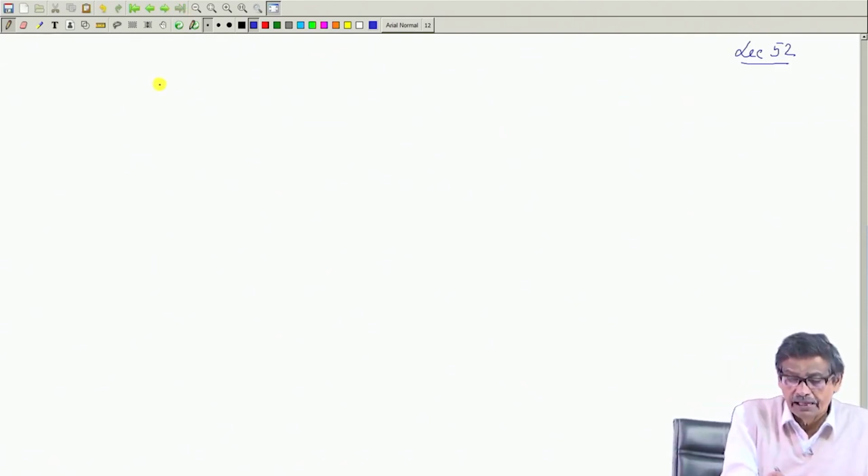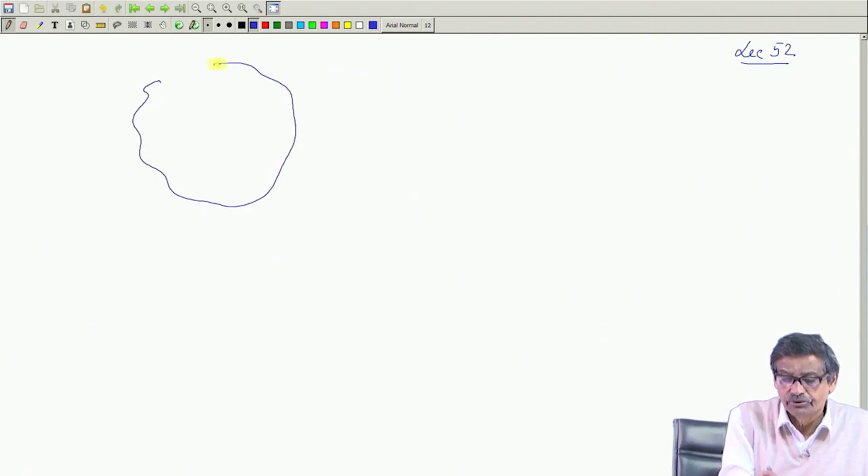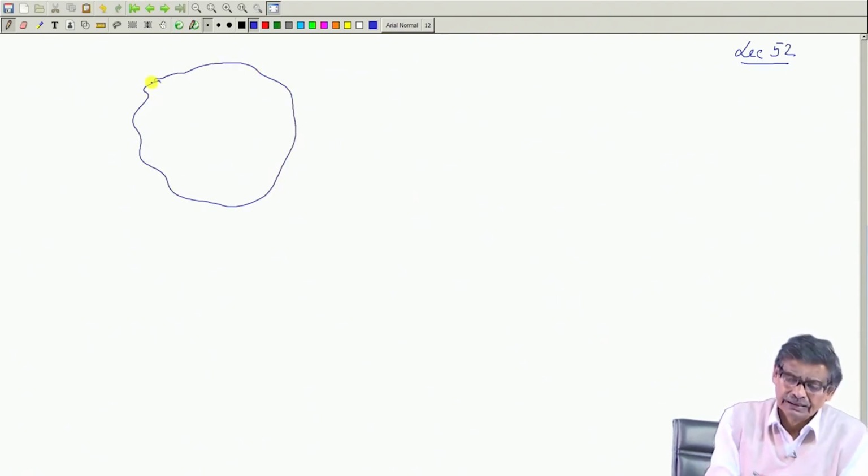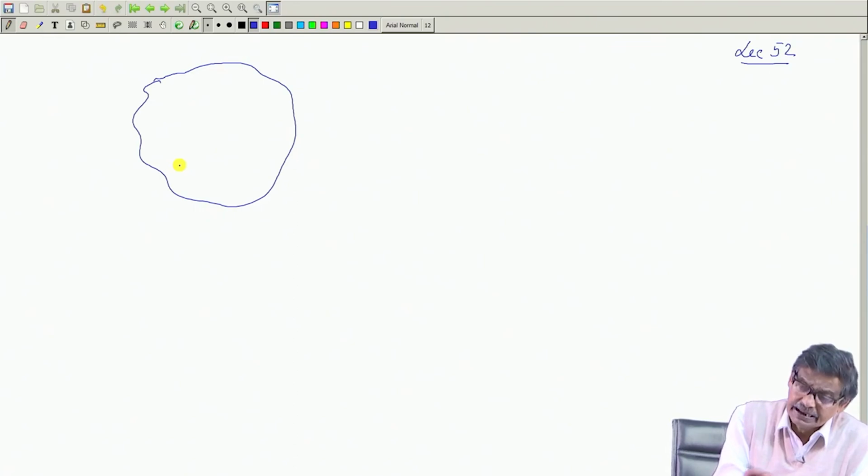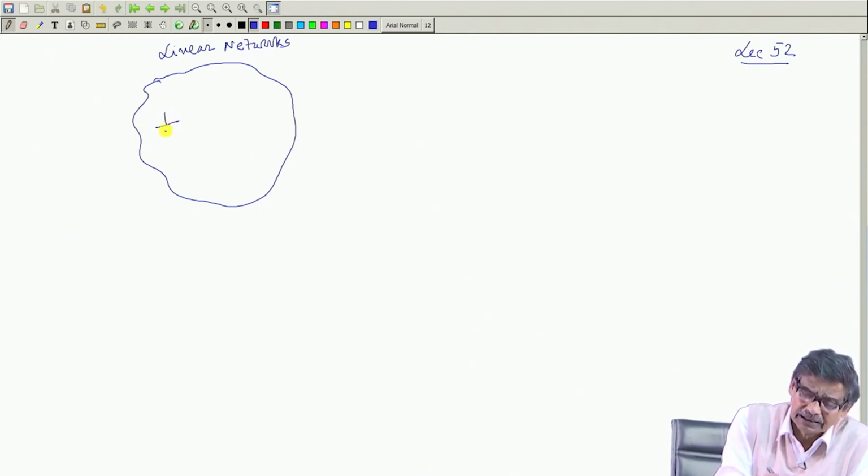Suppose you have a network which I will show like this. Inside this there is a linear network, always linear networks we will be considering. There may be several voltage sources present, E1, E2 dot dot En, connected in very peculiar fashions.